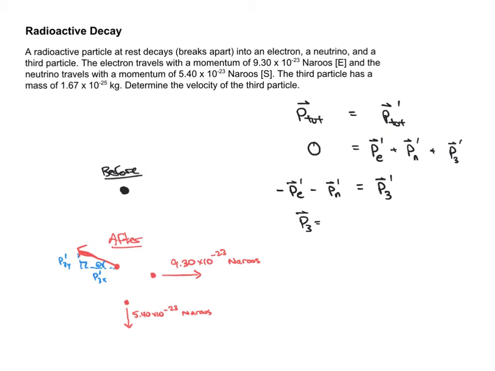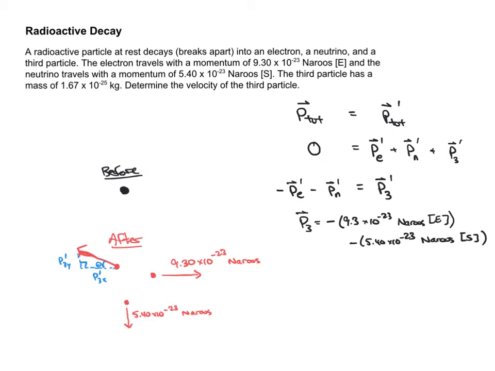I'll do it in 2 steps. It'd be negative 9.3 times 10 to the negative 23 newton-seconds east, and then minus 5.40 times 10 to the negative 23 newton-seconds south.